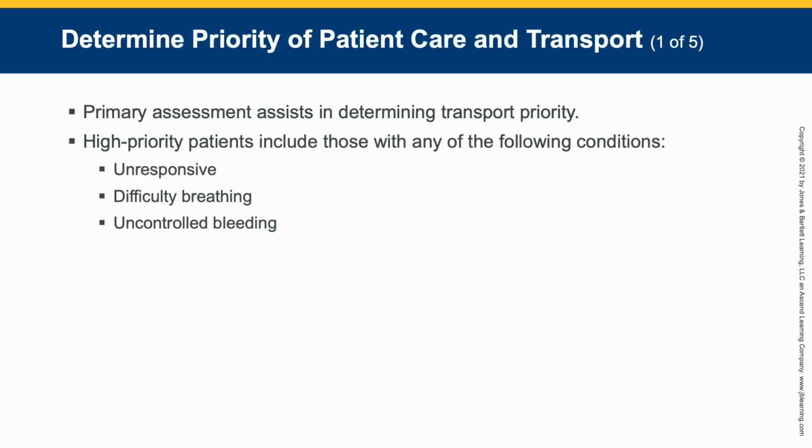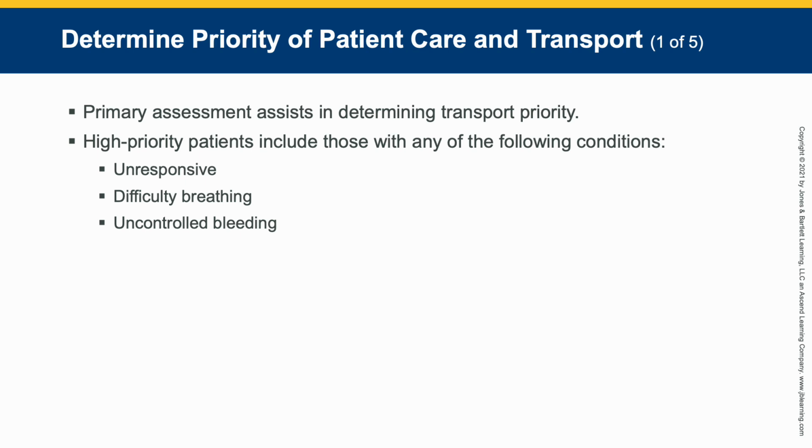So now it's time to decide, all right, how urgent is this patient's condition? Based on your primary assessment and the rapid scan, you'll determine whether the patient is high, medium, or low priority for transport. High priority patients should be transported immediately.